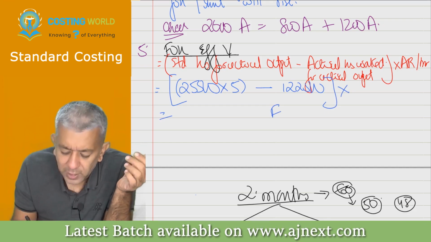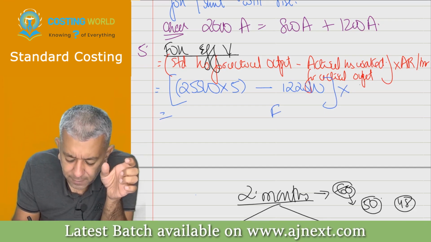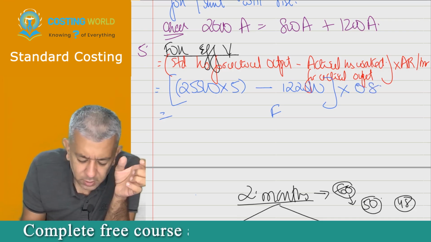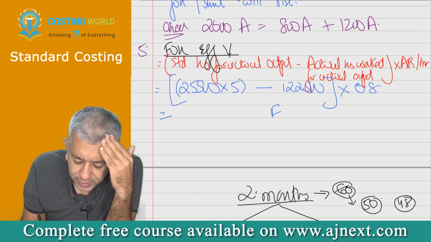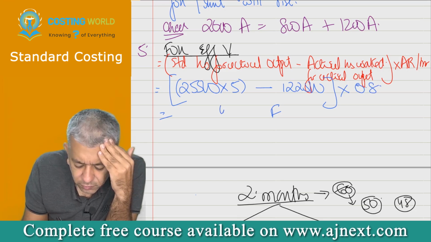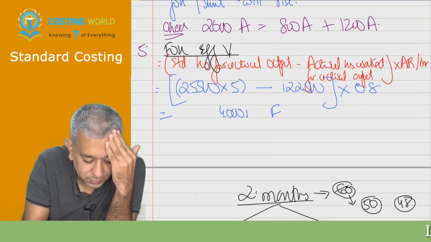So you multiply by some rate. Tell me that particular rate. 0.8. So 5,000 into 0.8 is 4,000 favorable.